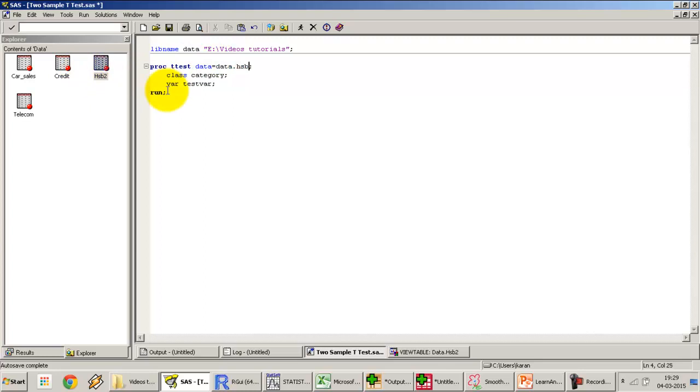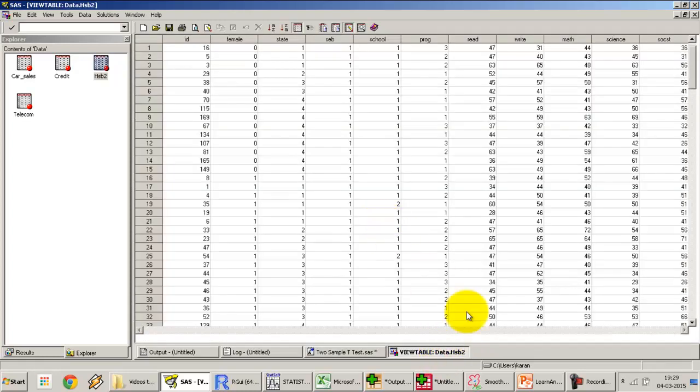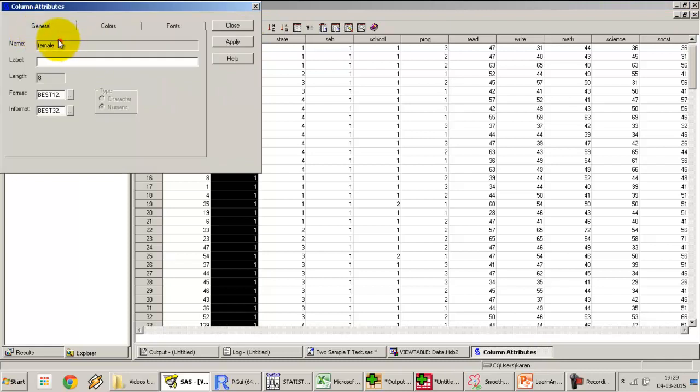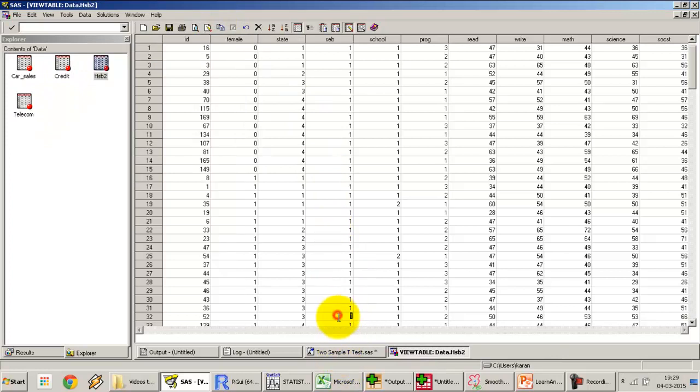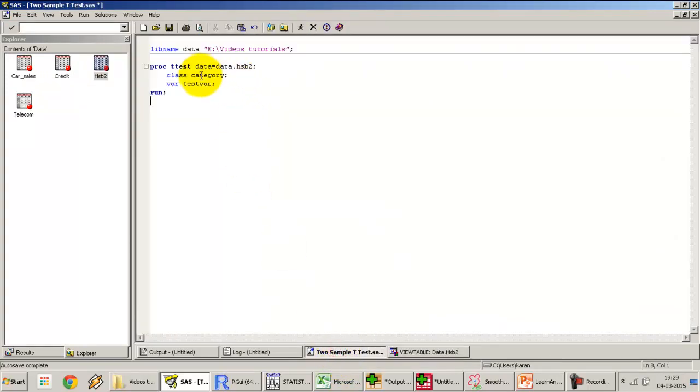So I put in hsb2 over here. Class is the variable which creates the two samples. In this case that variable is female. Female is a binary variable. It's got two different values, so it will form a sample based on these two values itself. So class female. Every different level in the female variable, it will test it out.